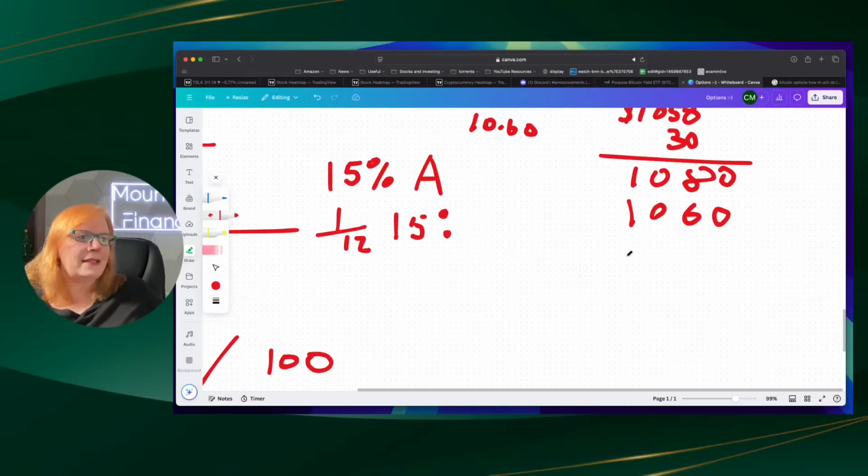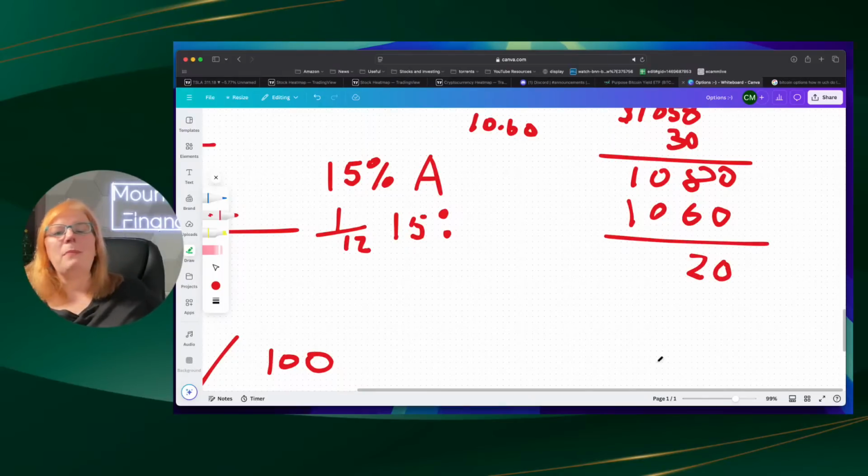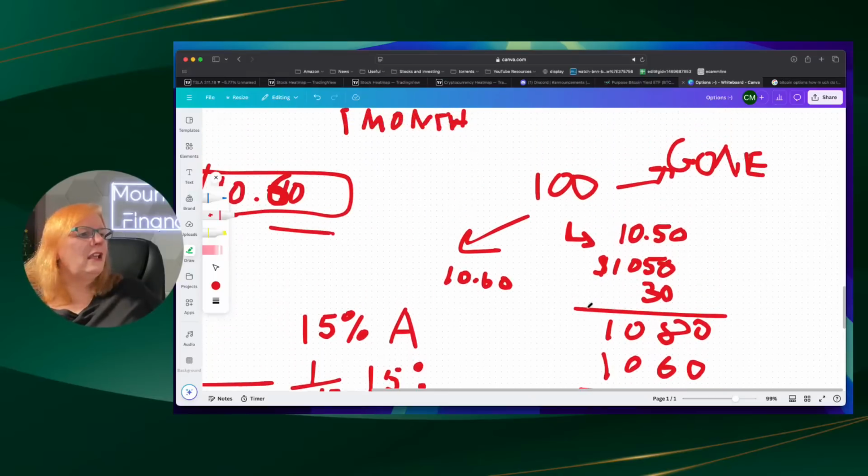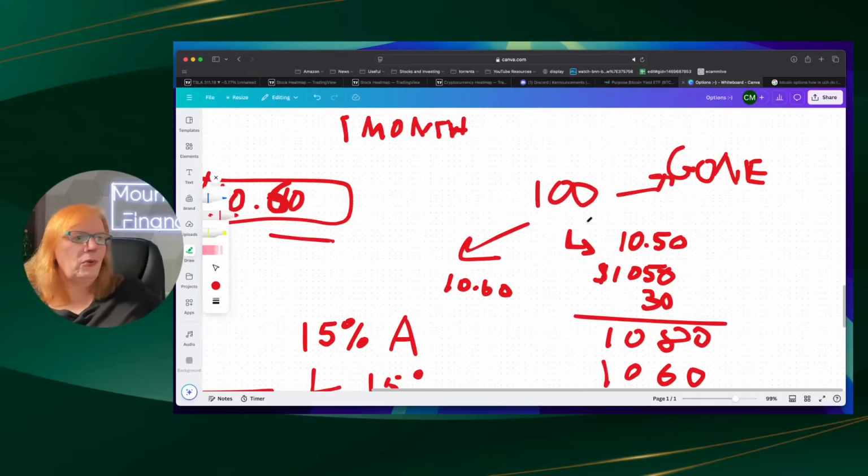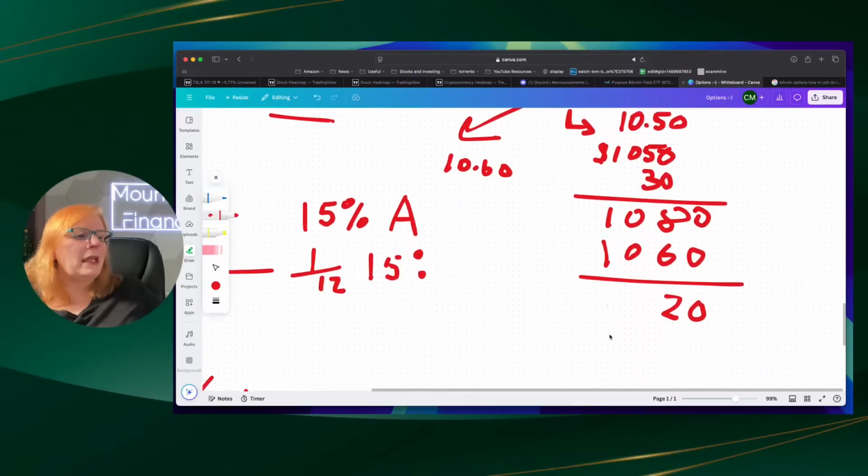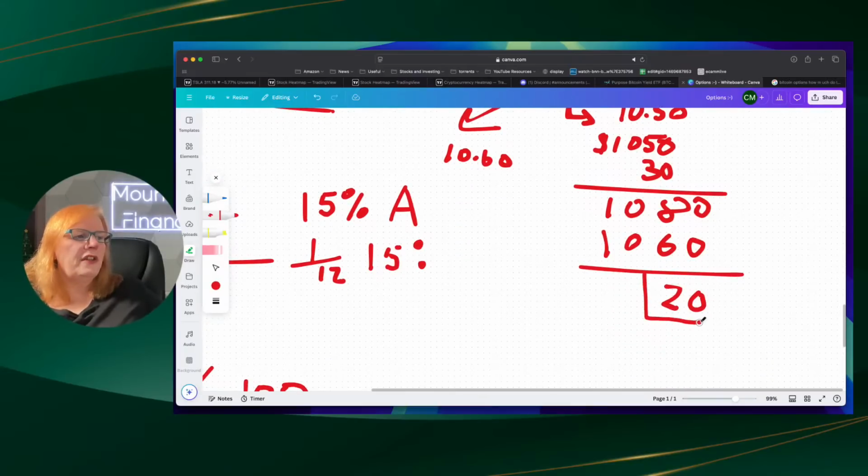So look at this, guys. Watch. You actually made 20 bucks. Even though you got liquidated, you still made $20. And these are the kind of smart trades that covered calls do, because they want to minimize that.